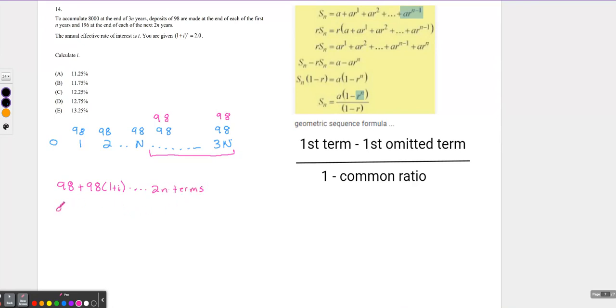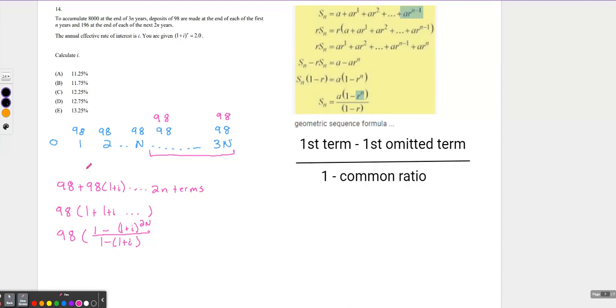So factor out 98, 1 plus (1+i), dot, dot, dot, same thing, 2n terms. So now we're going to use the verbal formula: first term minus first omitted term, over one minus common ratio.